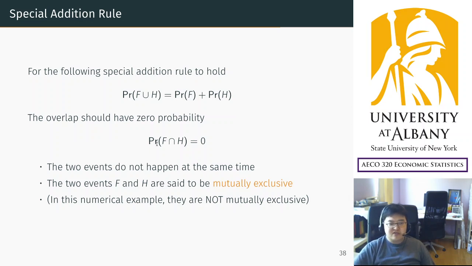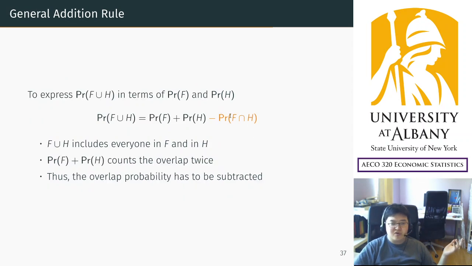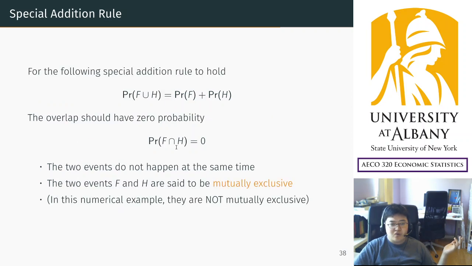The assumption is that there is no overlap, no double counting. That means the intersection has to have probability 0. If the intersection has no probability, then this term goes away, so it simplifies to the sum.